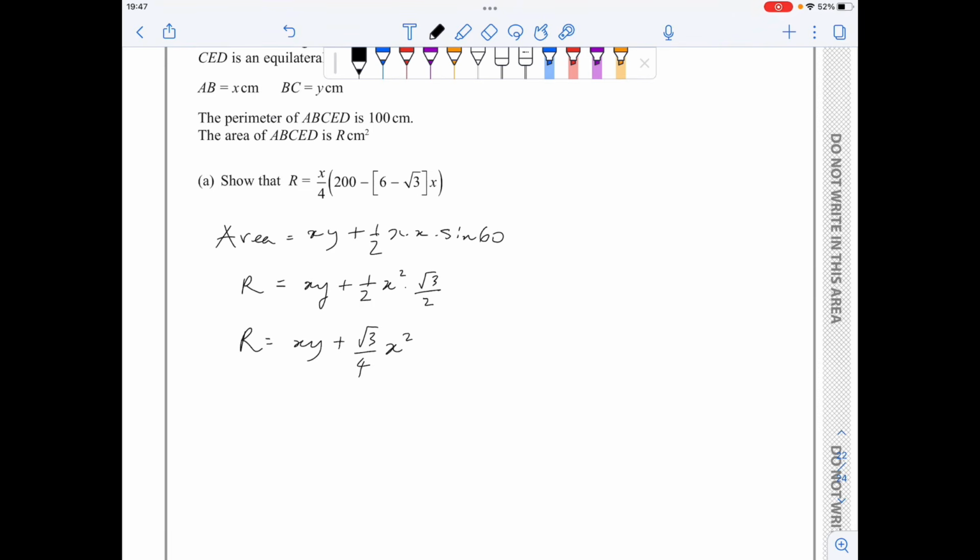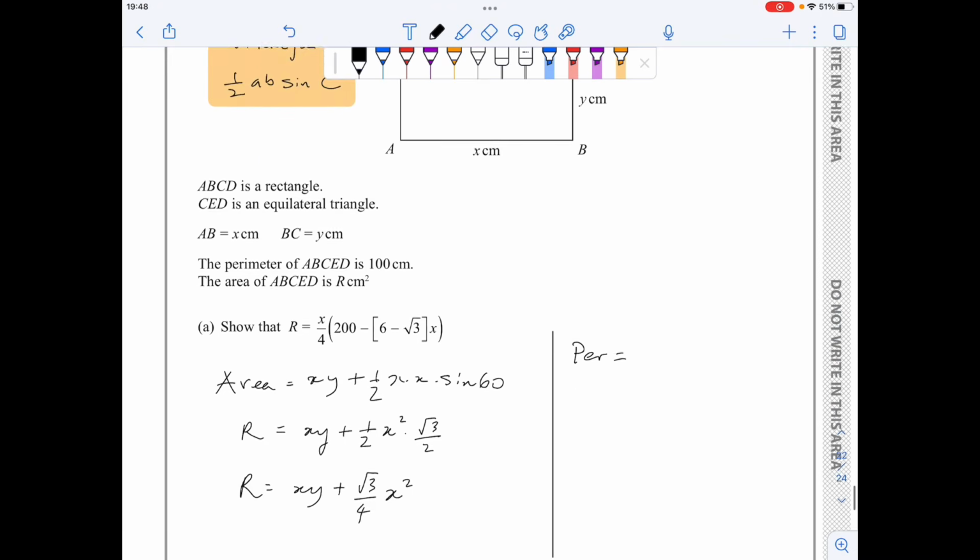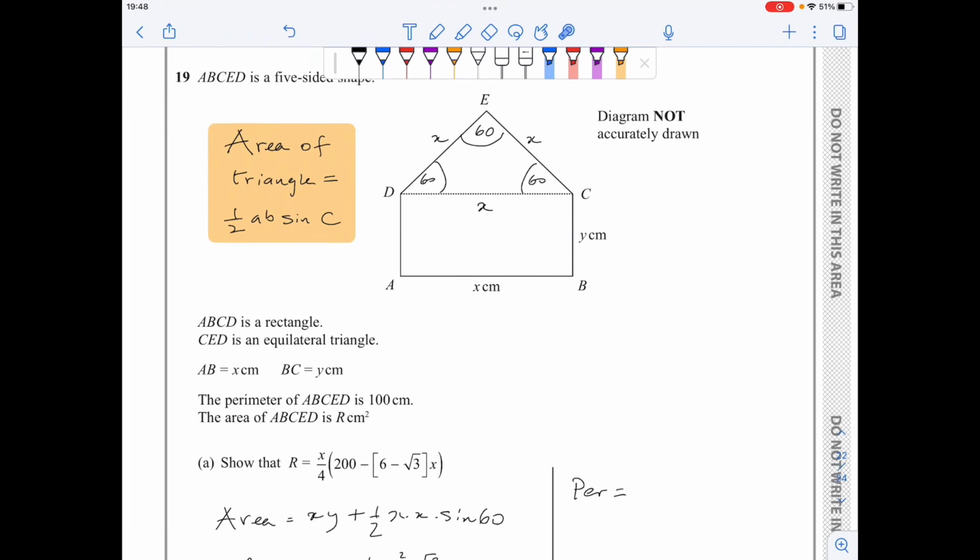Now the answer I have to show doesn't have any y, and to replace y with some expression I need to work out with the perimeter, and the perimeter of this shape is equal to 3 x's and 2 y's.